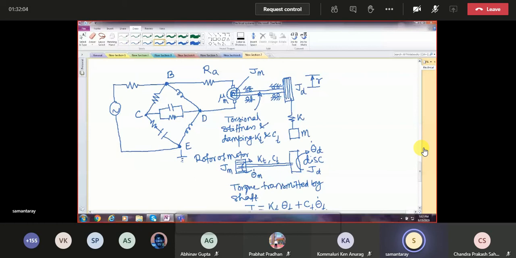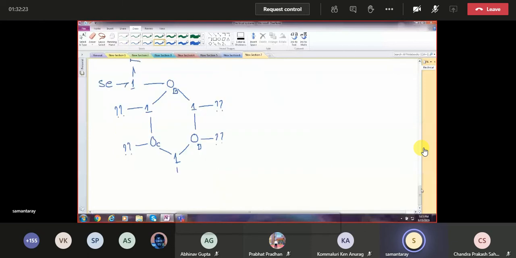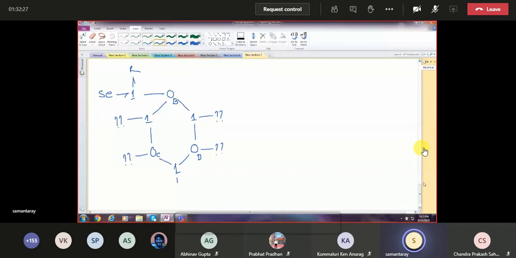So you understand that this might not be an AC thing. We will need a rectifier or something. So let's forget about that. Let us assume some kind of rectification is there. So between B and D, there is common flow between RA and this motor. So between B and D, already one junction is there.